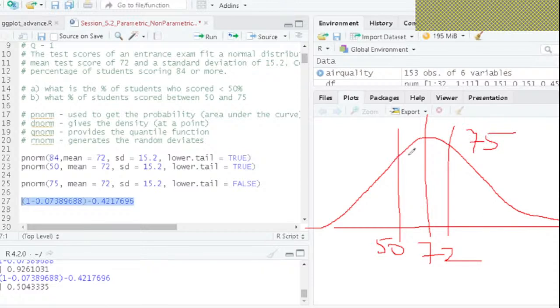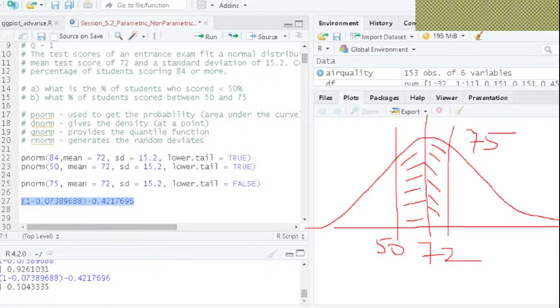So I want the area between this and this, correct? Yes, everyone with me?